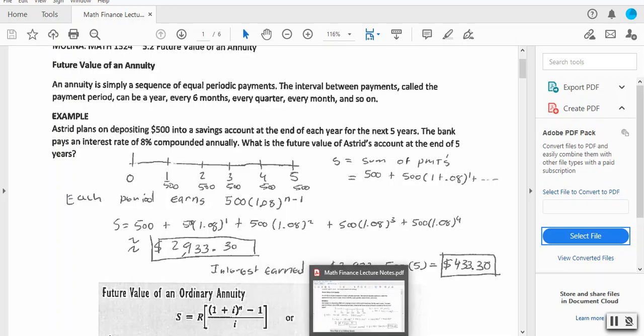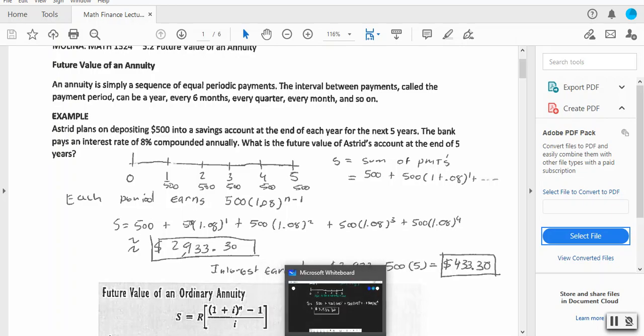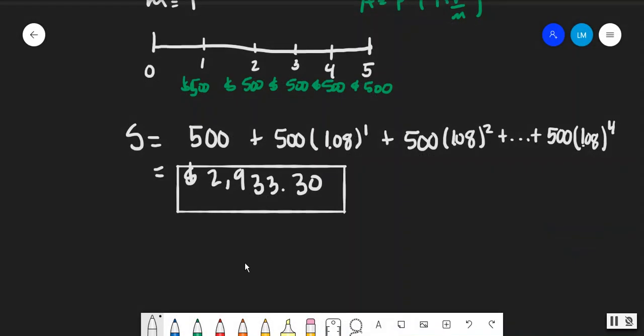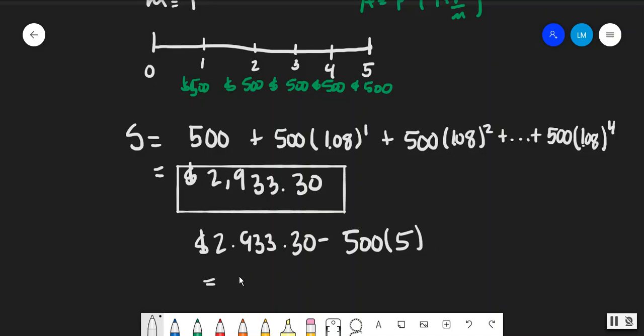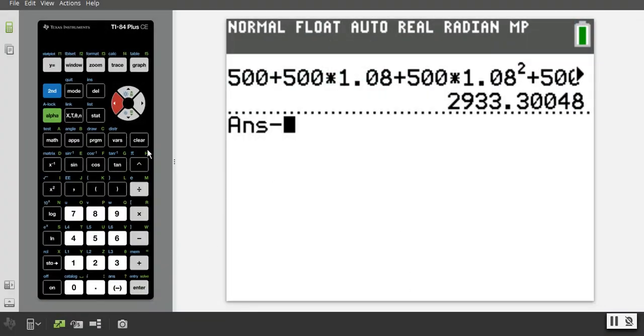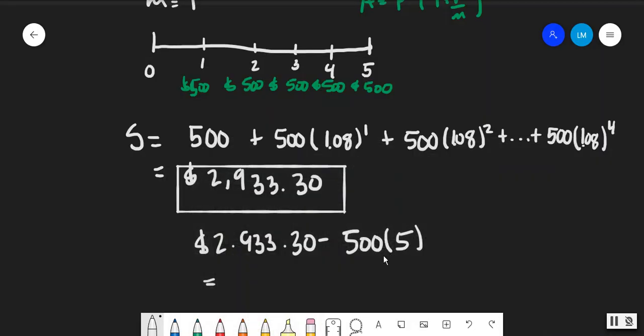So the interest is going to be 2,933 and 30 cents minus the 5 payments, which is 5 times 500, and you get 433 and 30 cents.